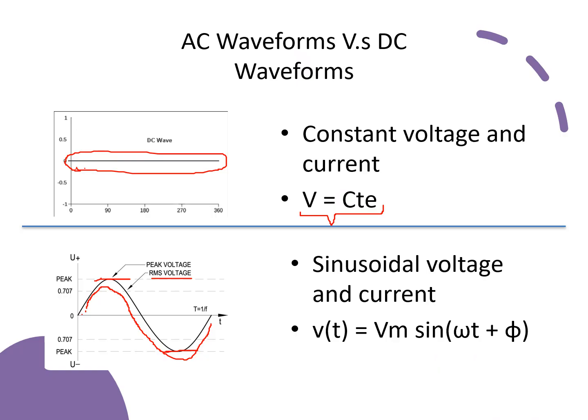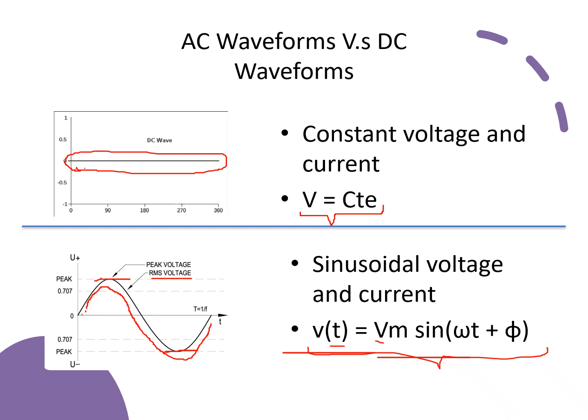And the representation of a sine or cosine waveform is, as you can see here. For example, for a sinusoidal voltage, we say V of t, because the voltage is a function of time, is Vm sine of omega t plus phi.